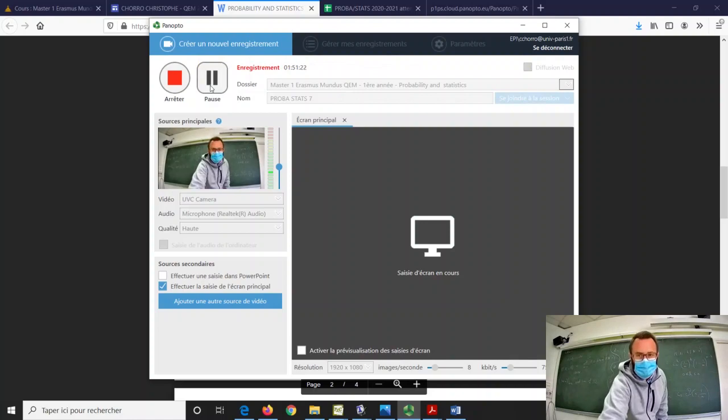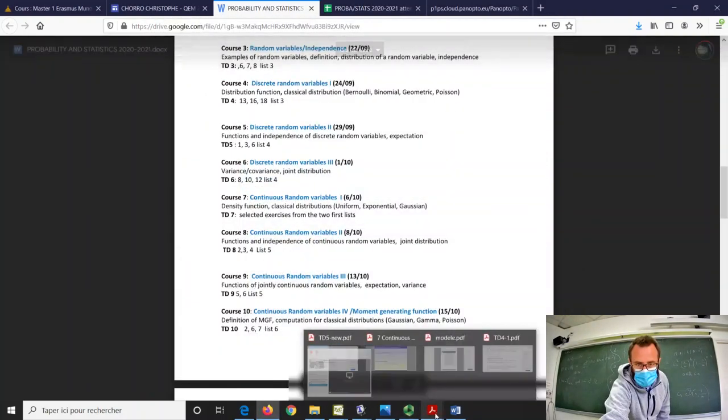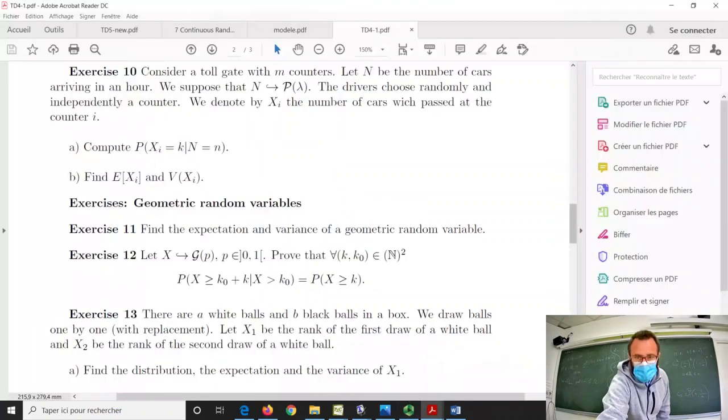Okay, so I now have to compute this sum coming from the law of total probability in order to find the distribution of xi.